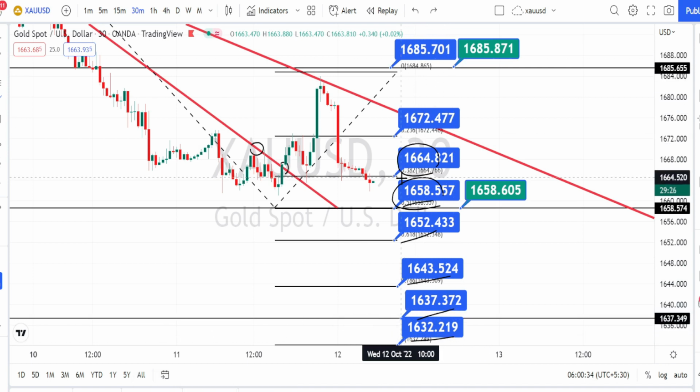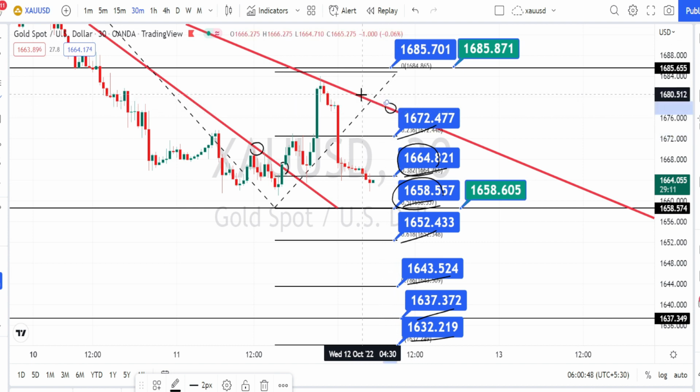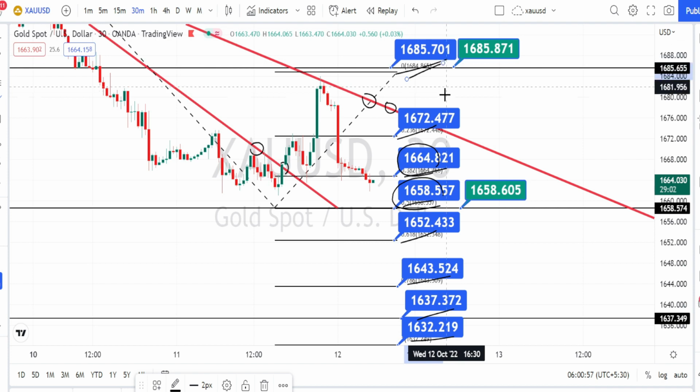And if the price action breaks this resistance level of 1664, next level of resistance is going to be around 1672, and only when the price action breaks this resistance line from the 4 hours time frame, we can expect it to retest the daily time frame resistance level of 1685.